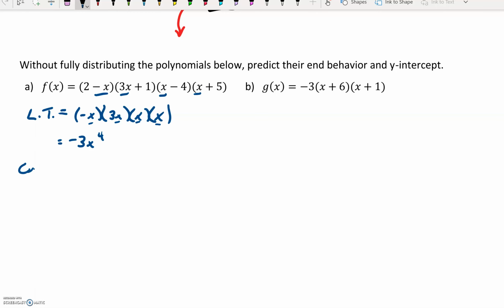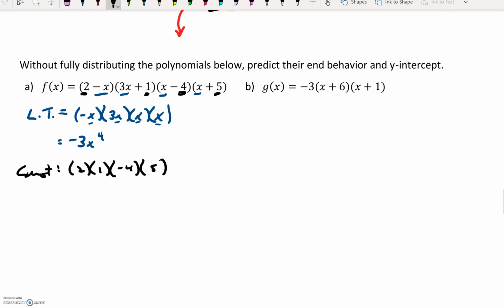My constant, I multiply all of the constant values. So I'm going to multiply all of my constant values here. Let's change colors. My constant, multiply all the constant values, 2 times 1 times negative 4 times 5.